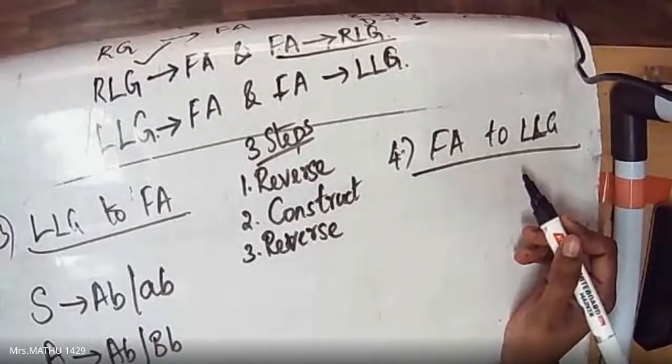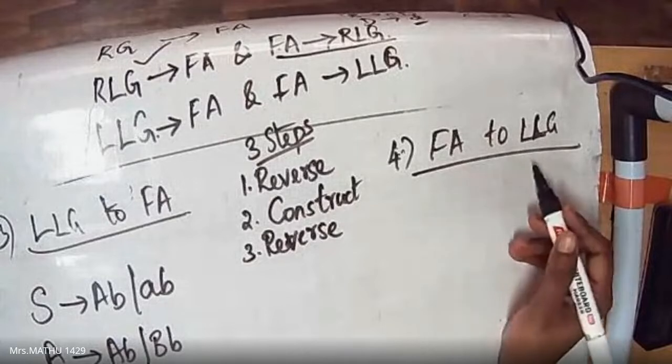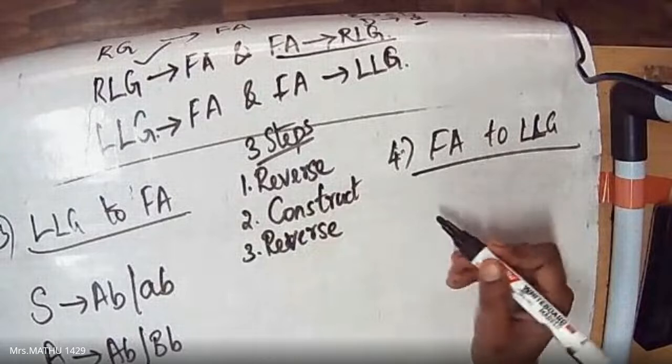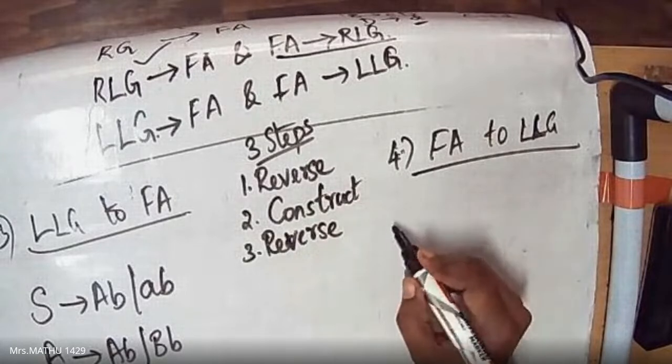Okay, so finally we want to convert the finite automata to left linear grammar. We want to do the conversion from finite automata to left linear grammar. Again, these three steps we are going to use here. So let us take one example.